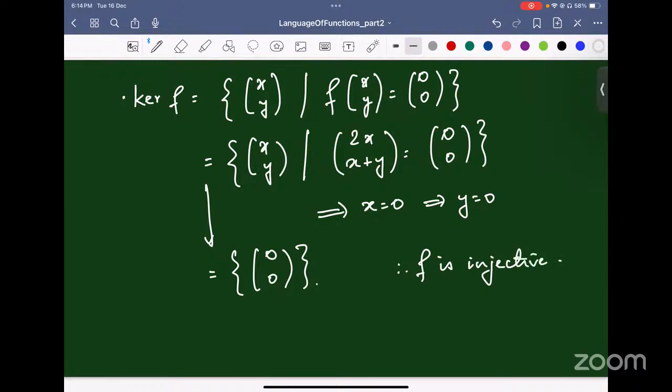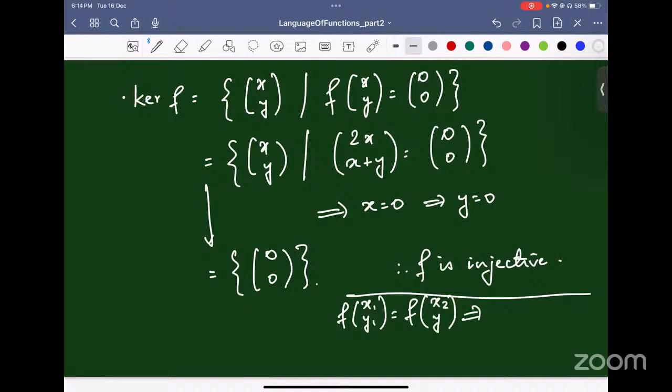So it's a very useful property to know that if the kernel contains only the 0 element, then f is an injective function. That saves you the work of trying to prove this from scratch. Although in this particular situation, checking from scratch is not difficult at all. Suppose f of (x1, y1) were to be f of (x2, y2).